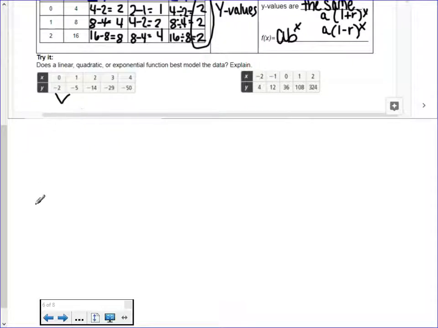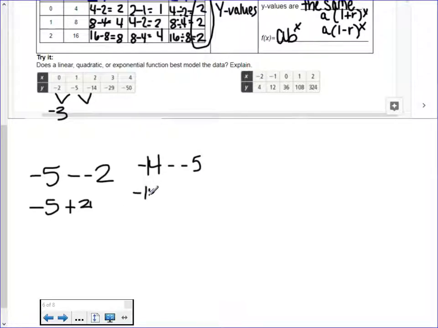Those two negatives actually become what? So what's -5 plus 2? -3. Then I would do the next two, -14 minus -5, which is actually -14 plus 5. That is -9.